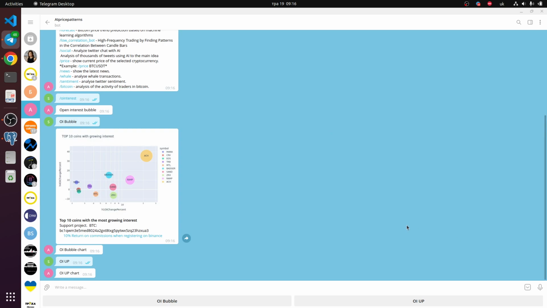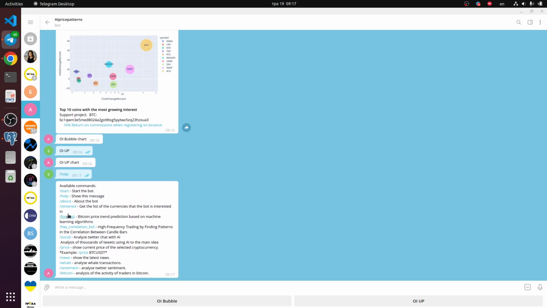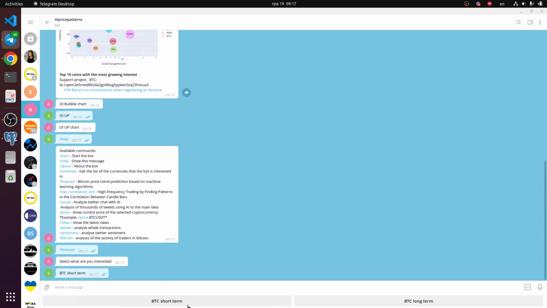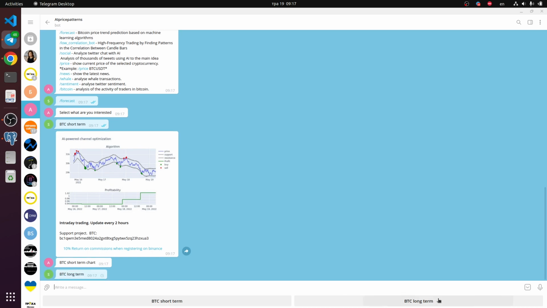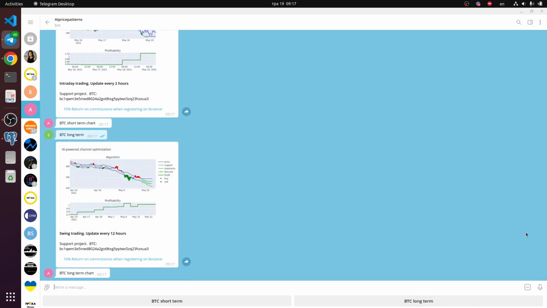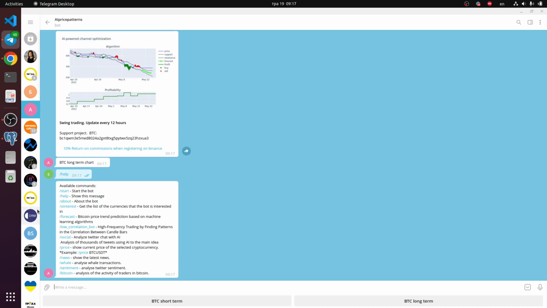Let's look again, for example, at help: forecast Bitcoin for short term and long term. And you could understand what happens and what the direction is from a point.